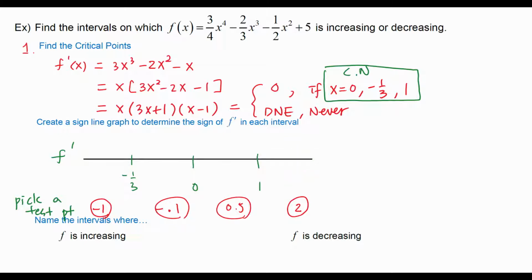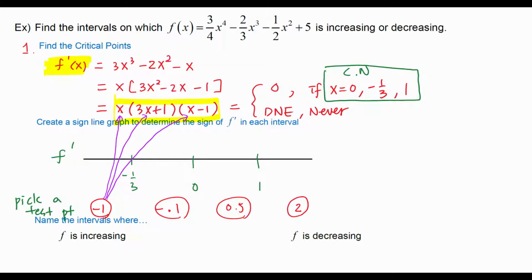After you pick these test points, you are going to plug them into your f prime, which is easier since it is a product of the 3 factors. So then you can just find out by sign whether that's going to give you positive or negative. In other words, if you choose negative 1 for the test point, you literally plug negative 1 in for x in this factor, this factor, and this factor, and multiply the 3 values to see what sign it gives you.